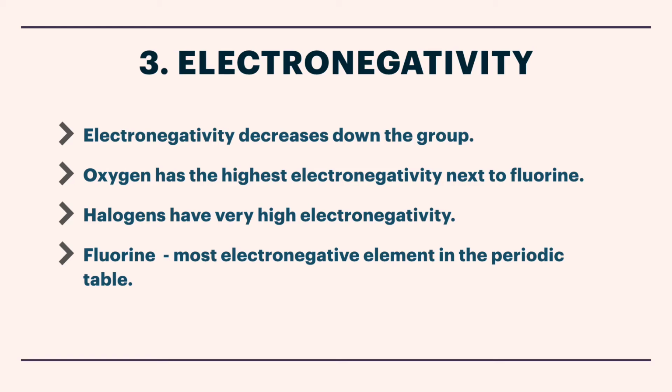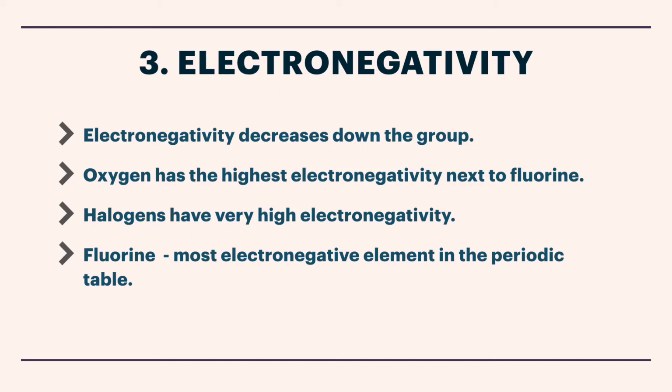Okay, so it is said that electronegativity decreases down the group. Now for your understanding, just remember this. Fluorine is said to be the most electronegative atom in the whole periodic table. Now understand where fluorine is located.